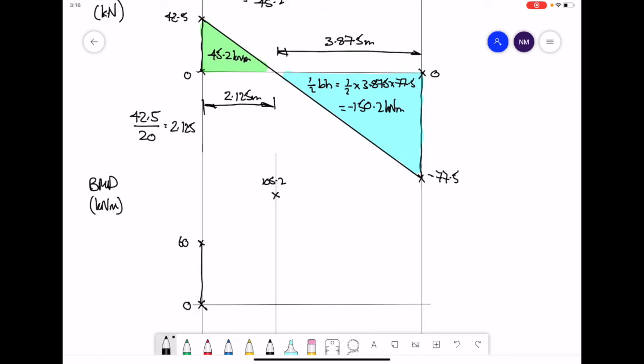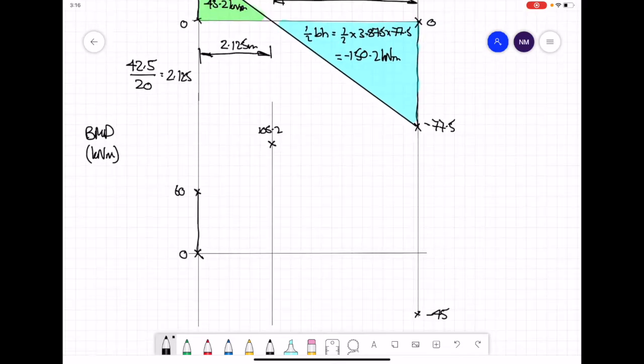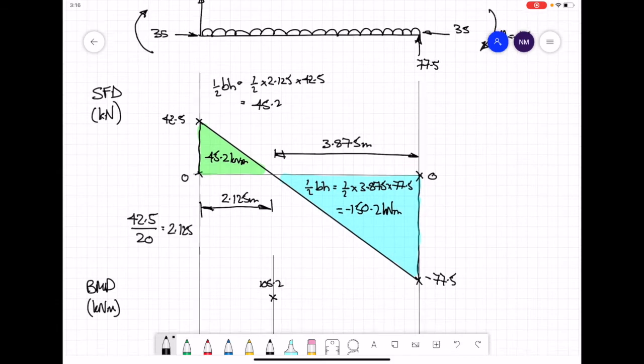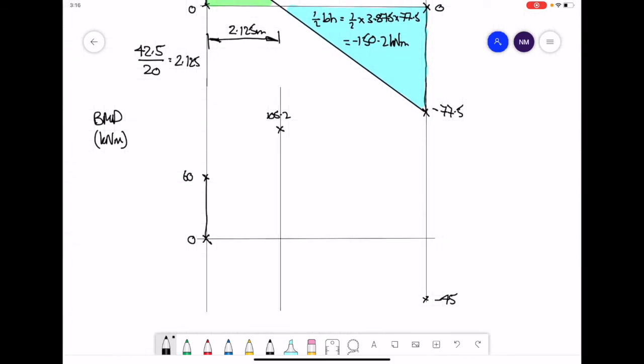Then, considering the total areas we have by the time we come to the end of the beam, currently at a value of 105.2, we come to the end of the beam, we've got our negative area to add on to that, and that should give us a value of minus 45. Looking at the end of the beam, you can see we have a clockwise moment of 45, and that would cause our bend moment diagram to close back to 0.